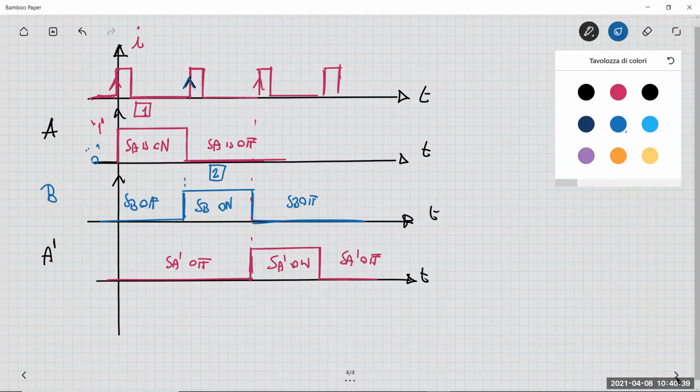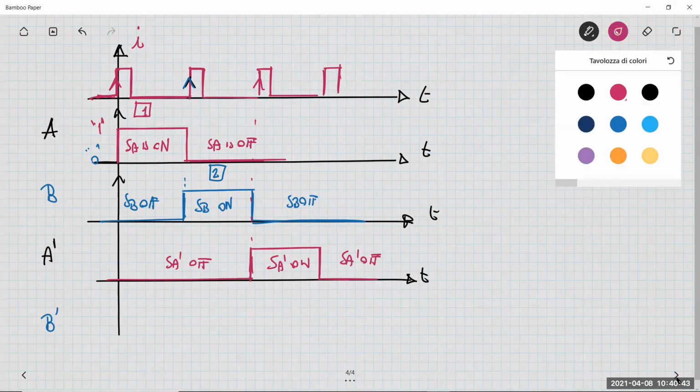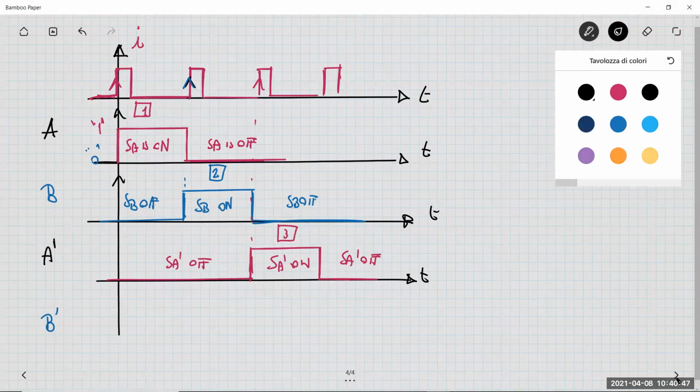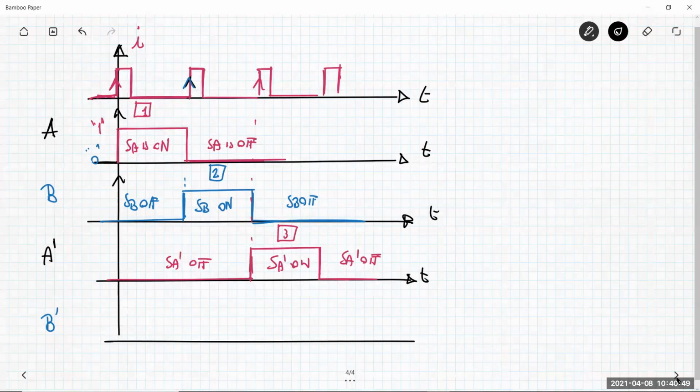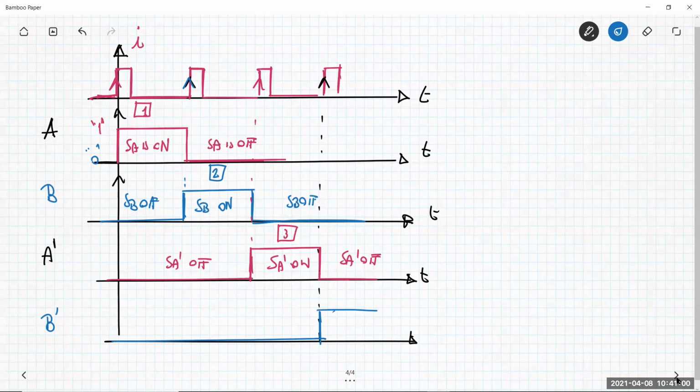And then at the end you have this final step. This is step number 3 for the fourth pulse, in which you have B prime on.